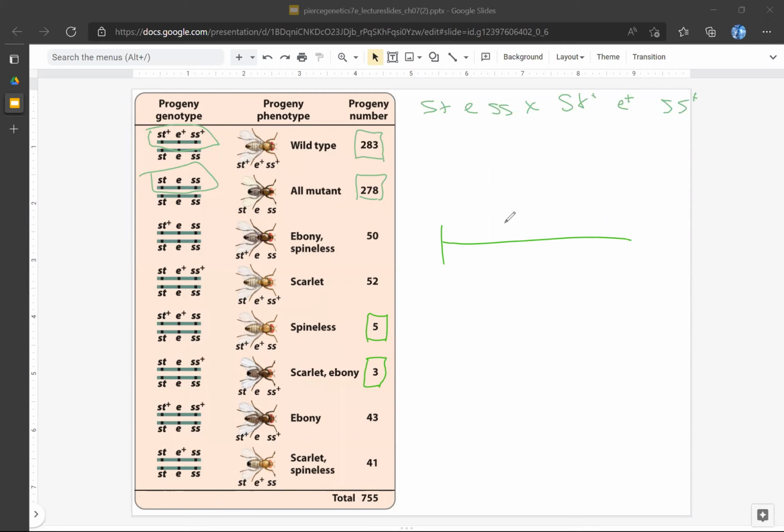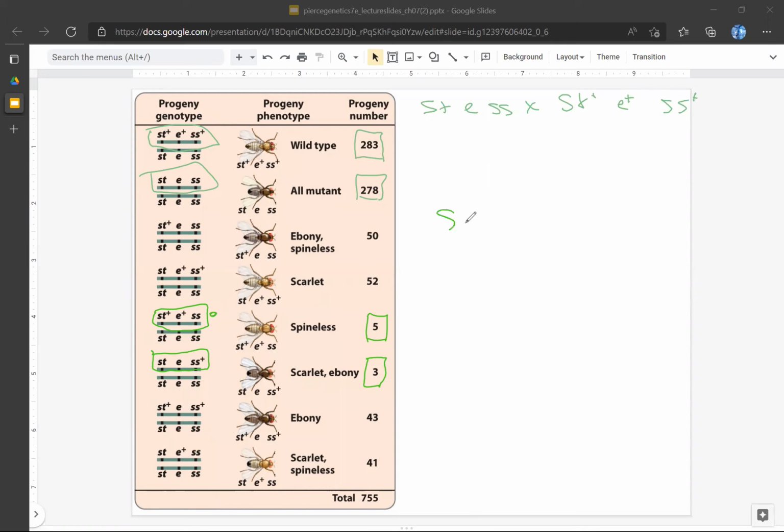Well, it goes back to the last slide, and we see that we have STE, SS, ST plus, E plus, and SS plus. So what we can do is look at these double crossovers, look at their genotype, and compare them to one of the two non-recombinant or parental genotypes. So let's look at this one first.